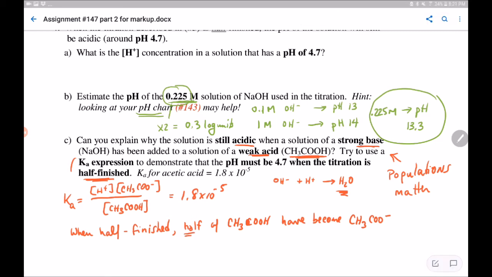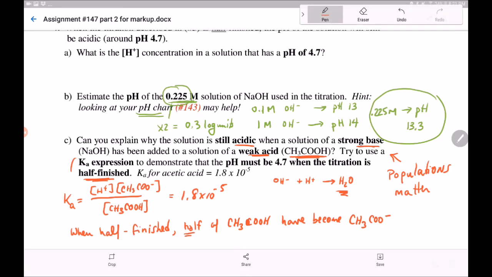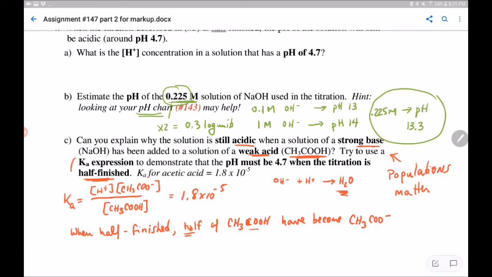Half. So you should realize at that point the number of these is equal to the number of these. Half are here and half are here!